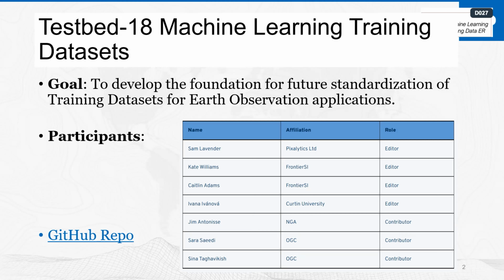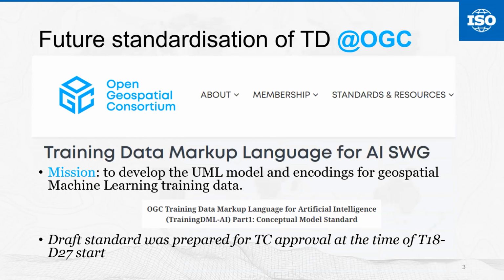As I said, our goal was to research the current status and requirements for training data sets for Earth observations, and inform future standardization. And that future standardization is actually current standardization at OGC.